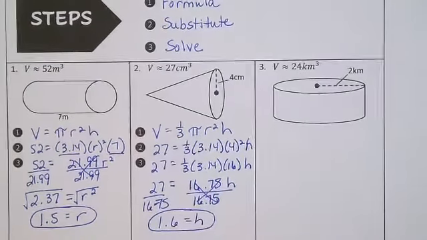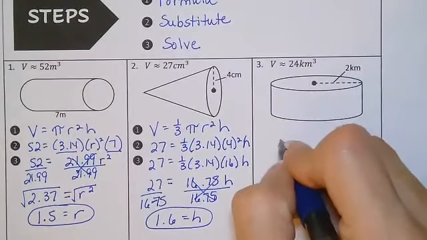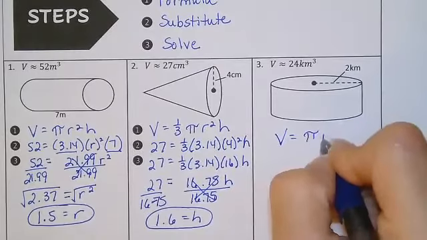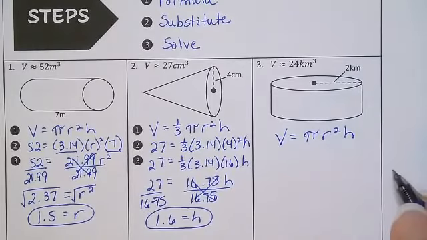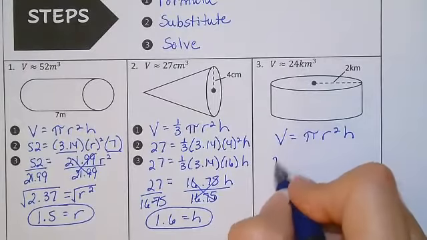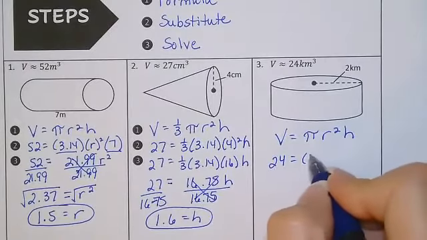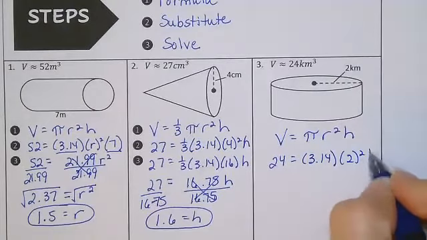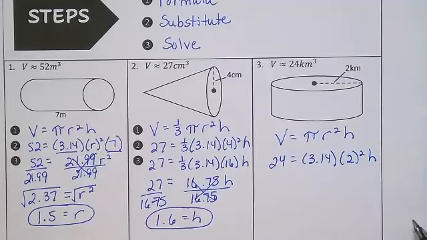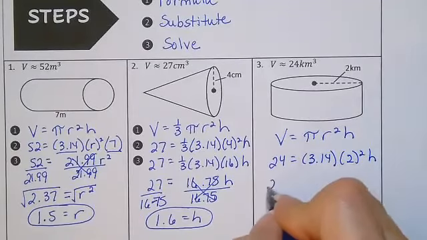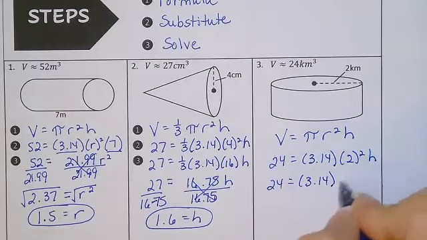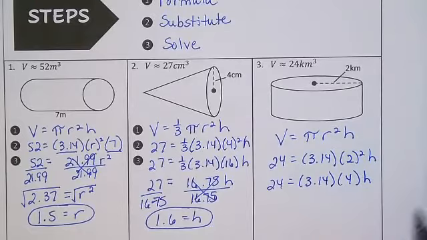All right, next we have another cylinder. So my volume formula is pi r squared h. Volume is 24. Pi is 3.14. Radius is 2 squared. And we don't know what h is. All right, so let's go through. We're going to find 2 squared, which is 4.